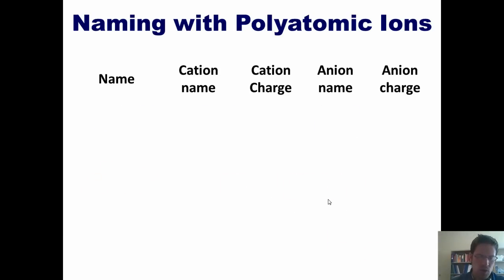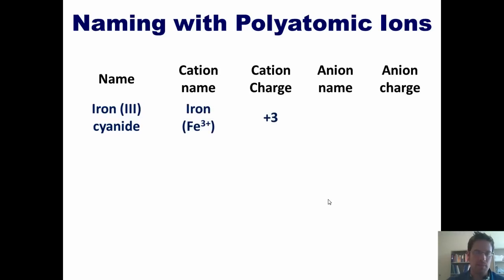Now let's do just one more, just because it's so darn awesome. The substance I'm trying to devise a formula for in this case is iron 3 cyanide. The cation is iron, whose formula is shown there. Its charge is 3+. The anion is cyanide, which has a charge of -1.